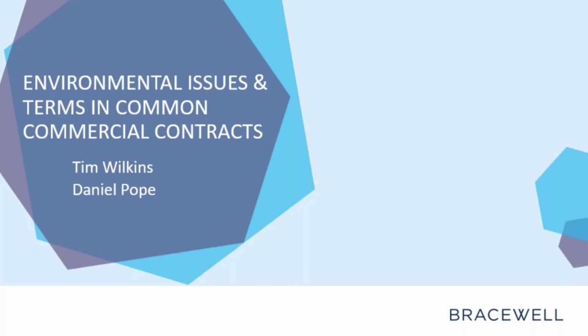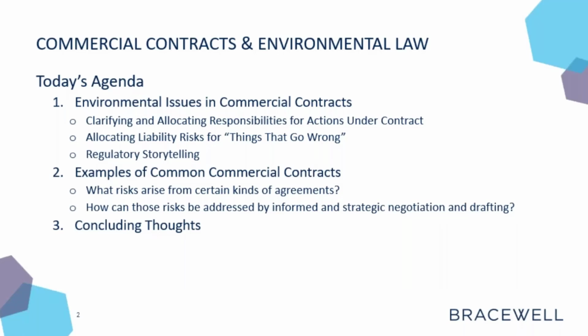Good morning, everybody. Today we're going to be looking at a few different aspects of environmental issues in commercial contracts. The first thing that we're going to look at is how we can clarify and allocate responsibilities for actions under contract. Then we're going to look at allocating liability risks for the things that go wrong, things that we can identify that may be plausible risks for the actions we're hoping to take and we're agreeing regarding.